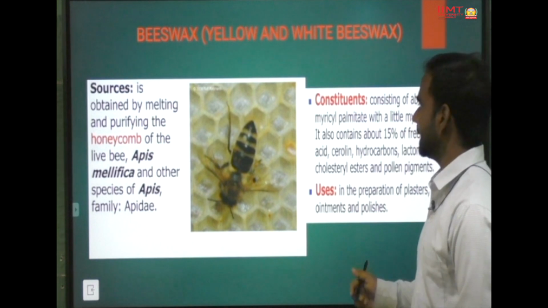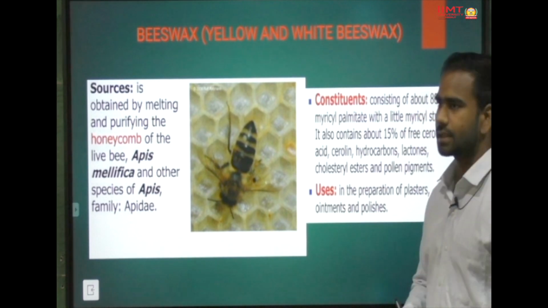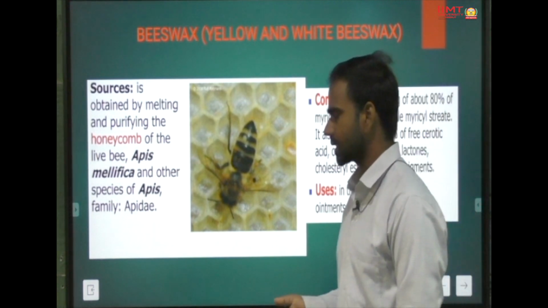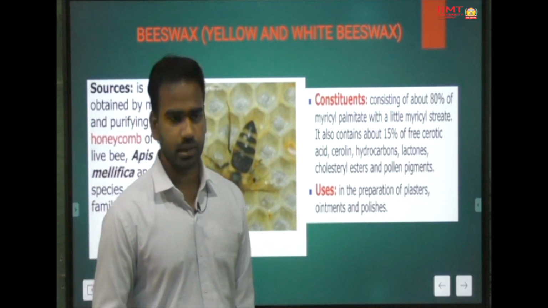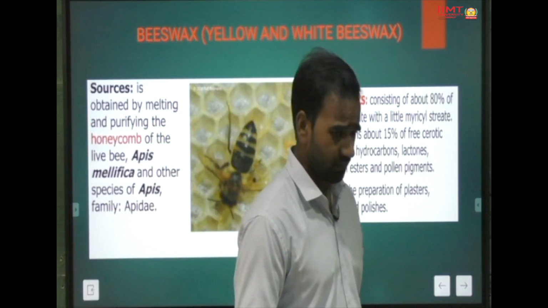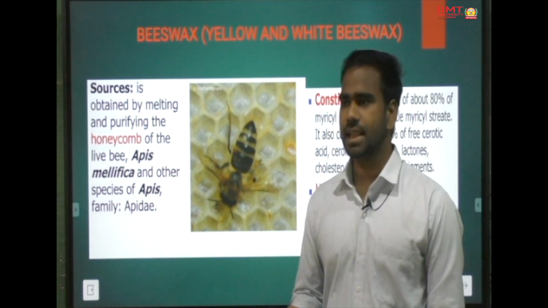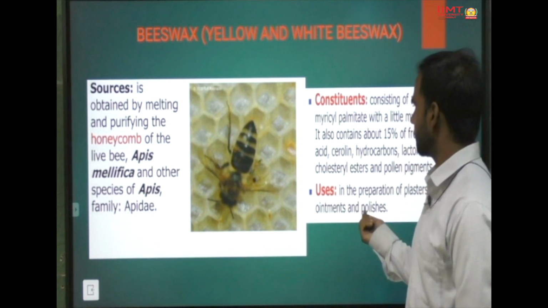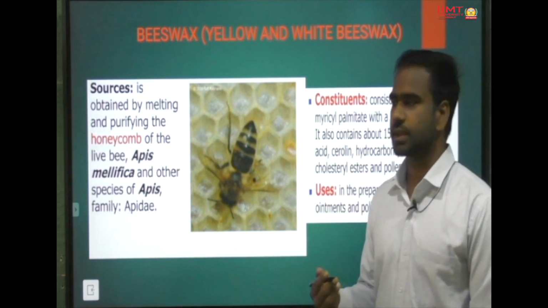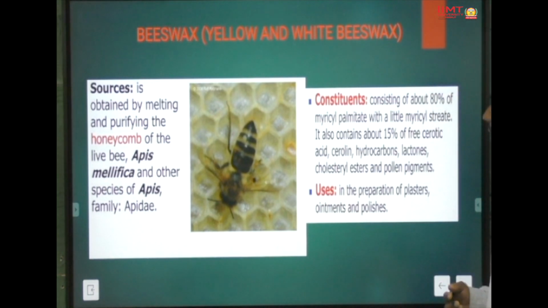You can see here beeswax, yellow and white beeswax, is basically used for the production of several emollients, creams and emulsions. Beeswax is used for its smoothing properties, and for dryness of your skin.